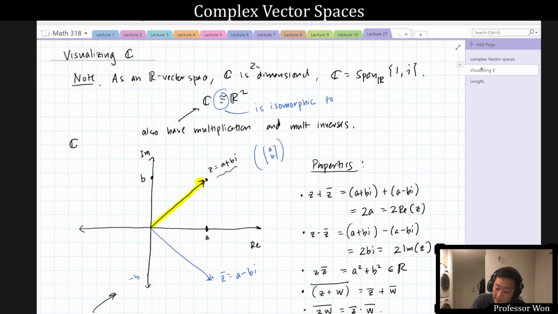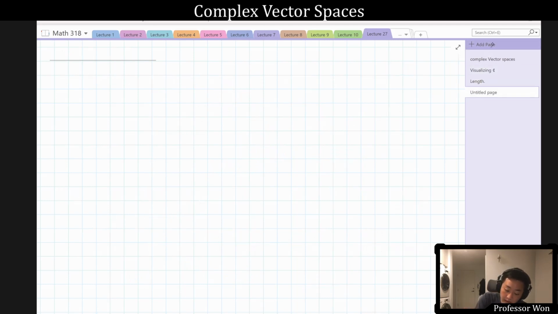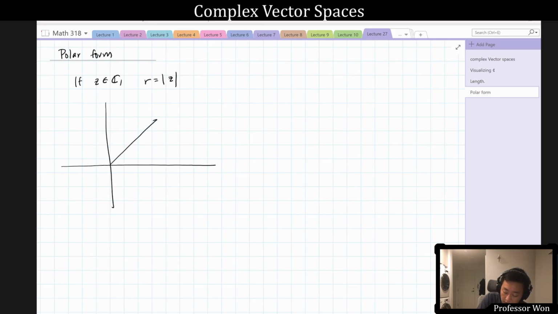Okay, so the polar form of a complex number. So if z is a complex number, and we let r be the modulus of z, so again, the picture is, here's z, and the length of this vector is the length of z, so I'm calling it r.